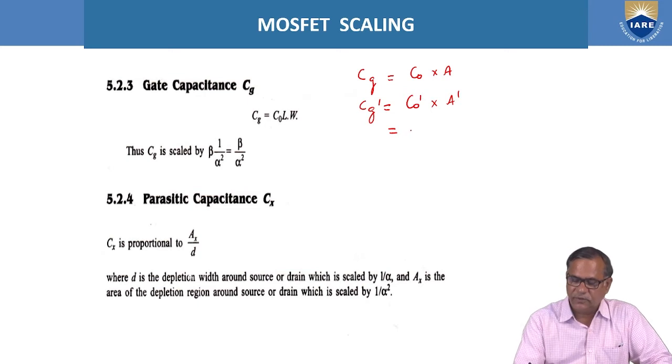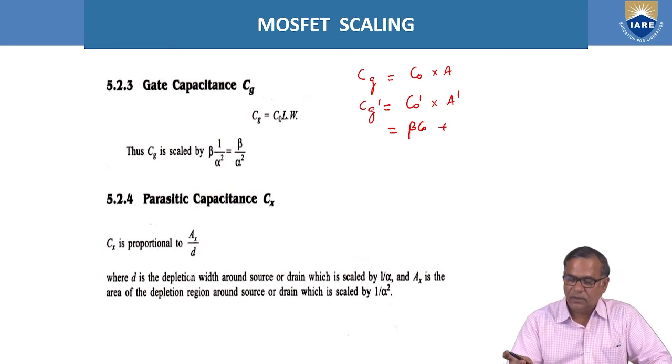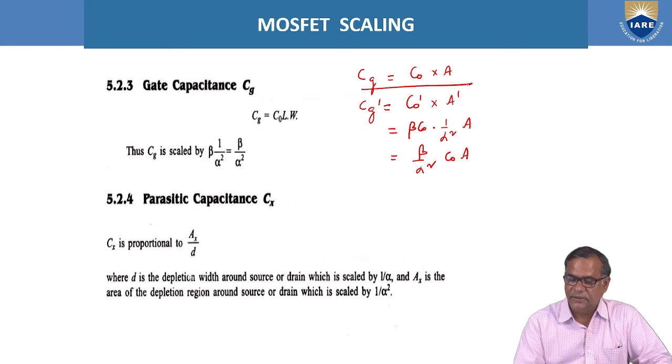So C0 dash is equal to beta C0, and the area reduces by a factor 1 by alpha square. So this is equal to beta by alpha square into C0 A. What is C0 A? Which is nothing but Cg. So Cg dash is equal to beta by alpha square into Cg.